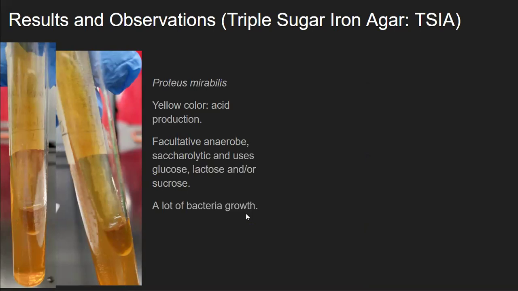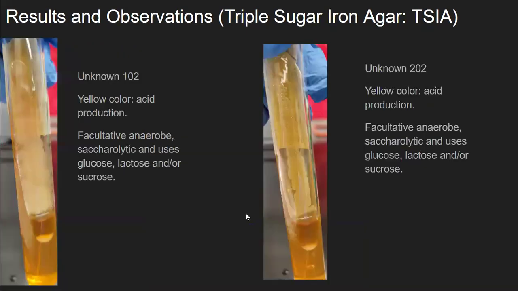In addition, it also experienced a lot of bacterial growth. Unknowns 102 and 202 both had yellow color indicating acid production. They are facultative anaerobes which are also saccharolytic and both use glucose, lactose, and sucrose.